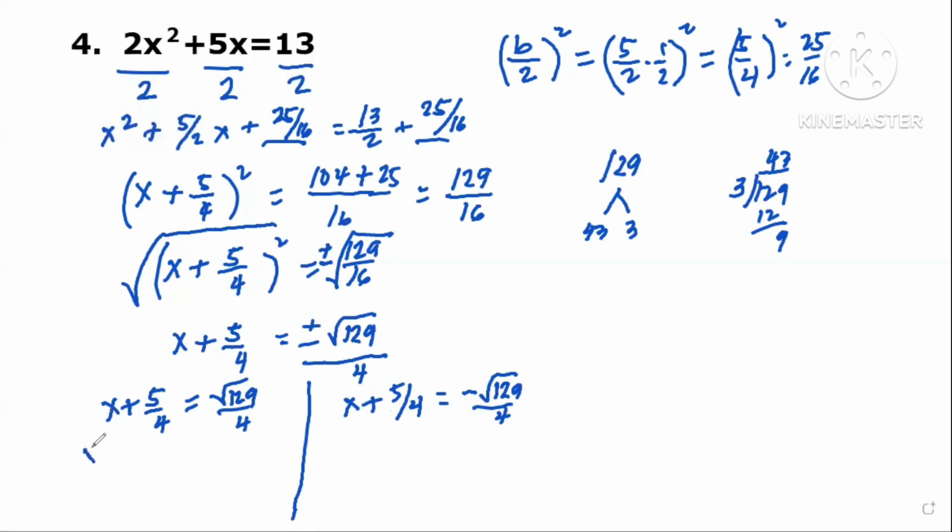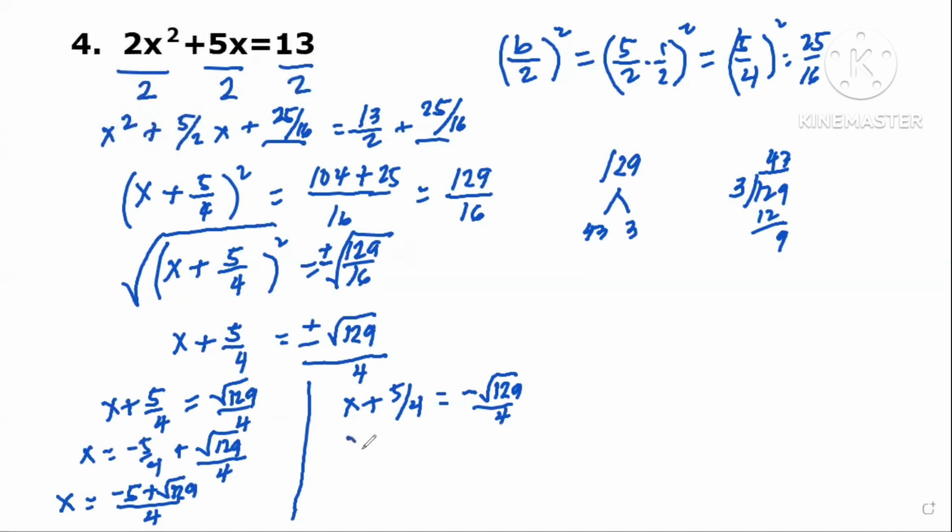And then, lipat lang yung 5 over 4 sa kabila. That's negative 5 over 4 plus square root of 129 over 4. So, pareho naman ang denominator. Combine natin. That's negative 5 plus square root of 129 over 4. So, that is one of the roots, no?